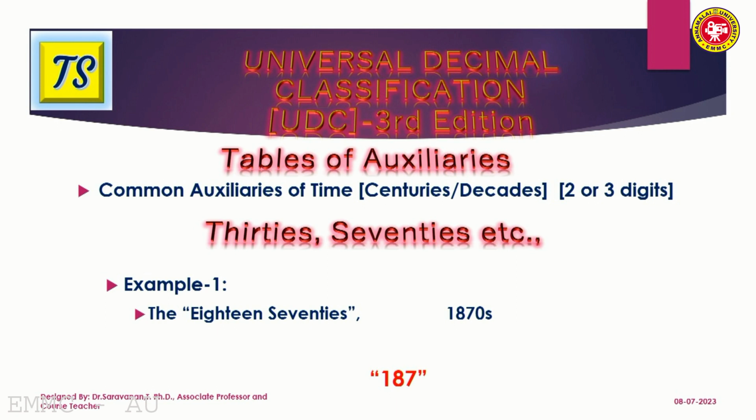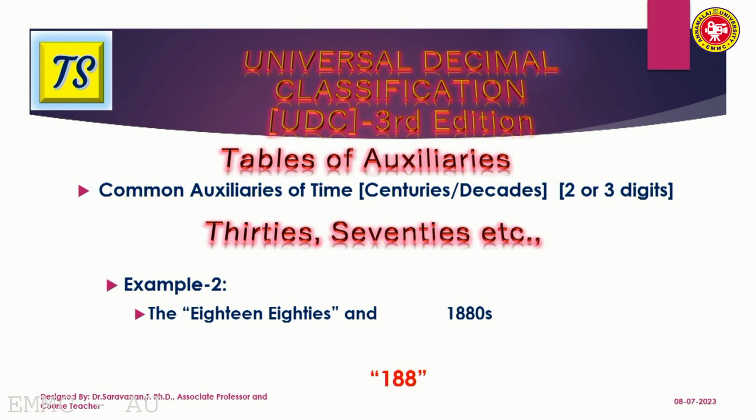This is an example related to the 30s, 70s, etc. See the example, 1870s. How to transfer the 1870s? Ignore the last digit and put the first three digits, 187, within double quotes. See another example, 1880s.